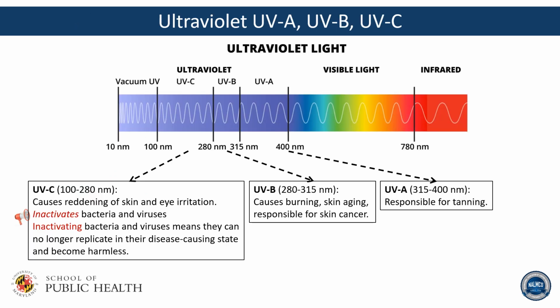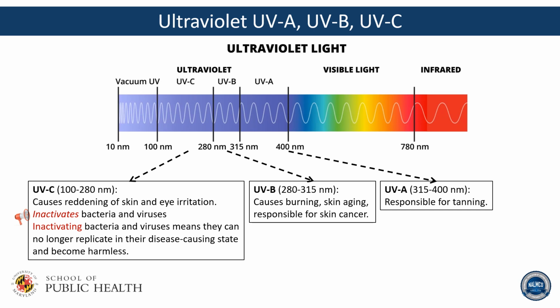Let's take a closer look at the ultraviolet A, B, and C region. So here you can see that UVC has a higher energy as compared to UVB or UVA. So UVC is responsible for reddening of skin and eye irritation. Now here's our first word alert.